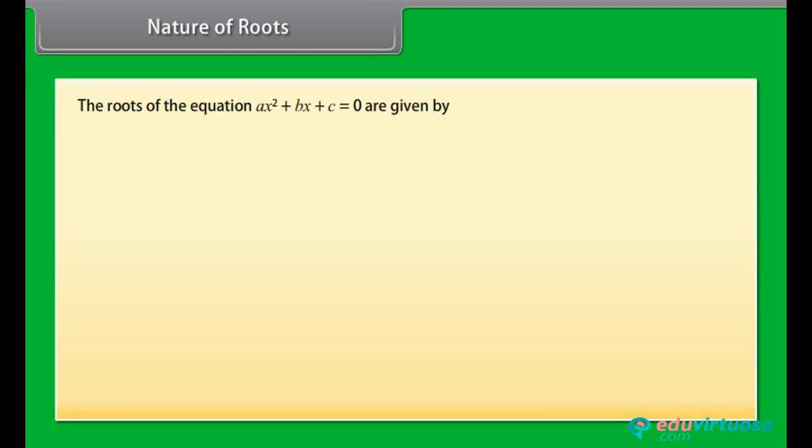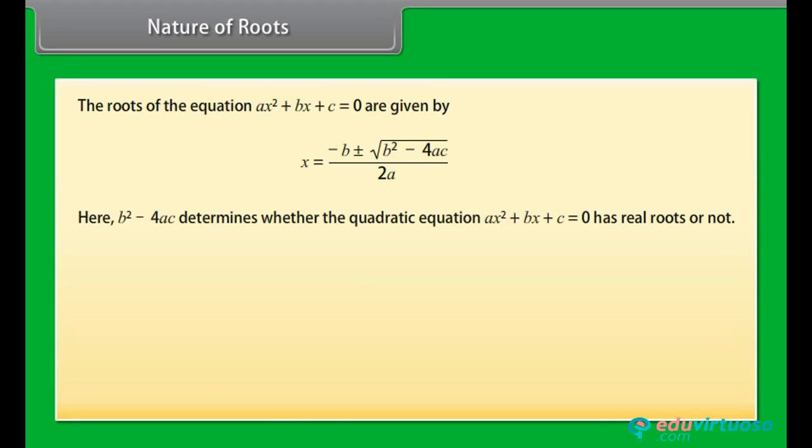The roots of the equation ax² + bx + c = 0 are given by x = (-b ± √(b² - 4ac)) / 2a. Here, b² - 4ac determines whether the quadratic equation ax² + bx + c = 0 has real roots or not. b² - 4ac is called the discriminant of the quadratic equation. 1.